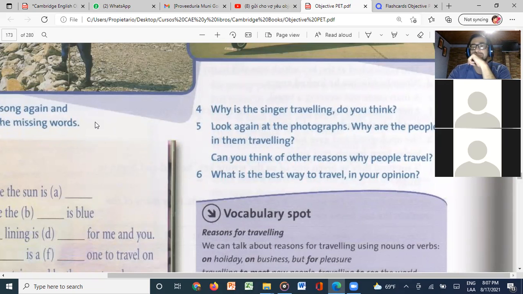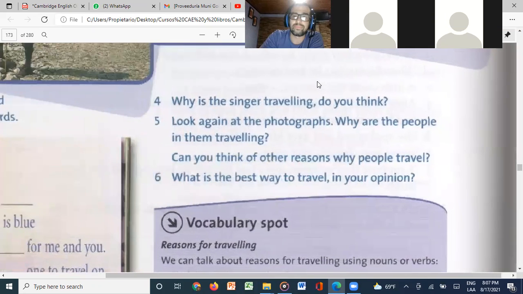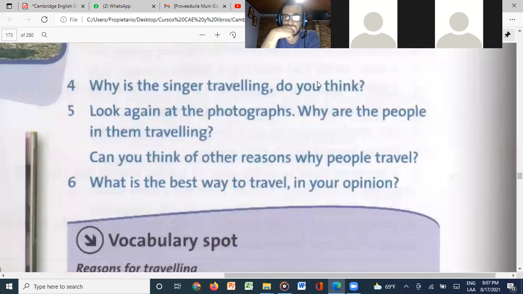I don't know. In my case, if I were this man, I love the mountain because for me it is a good place to think, to meditate, to reflect about things.